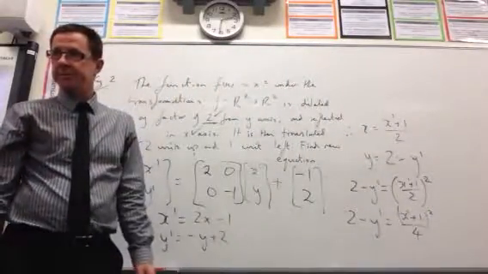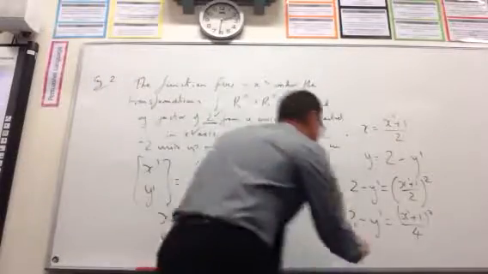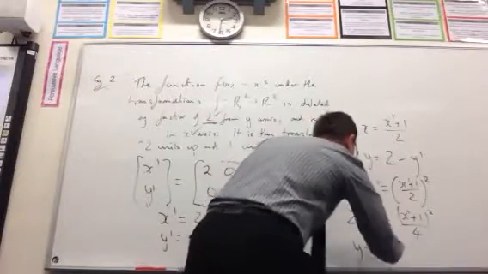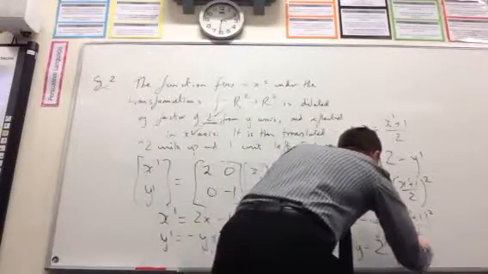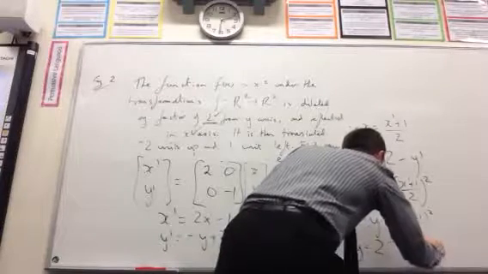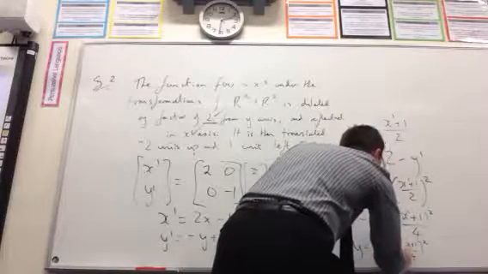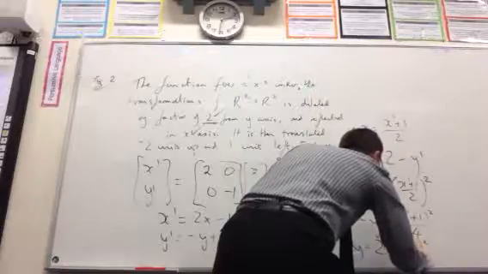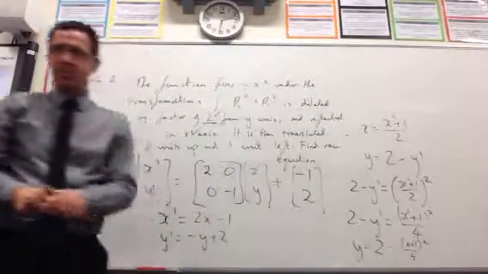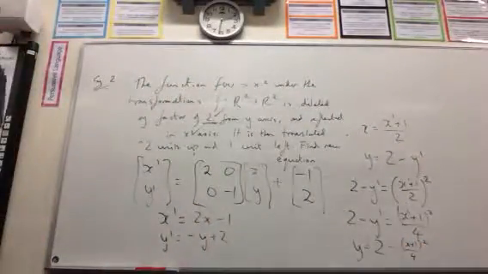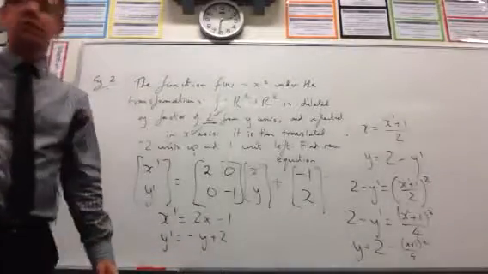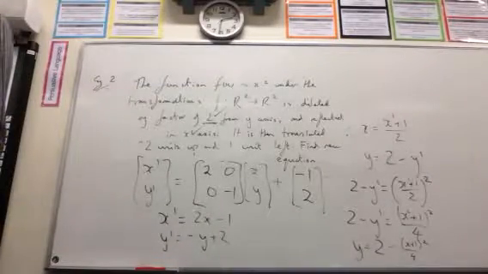Open the bracket. Flip. There's your transposed equation: 2 minus bracket x plus 1 all squared all over 4.